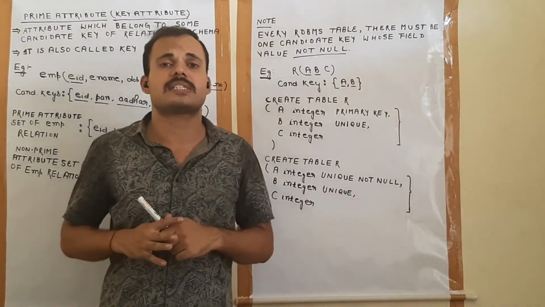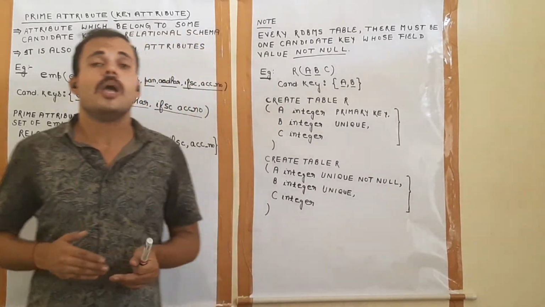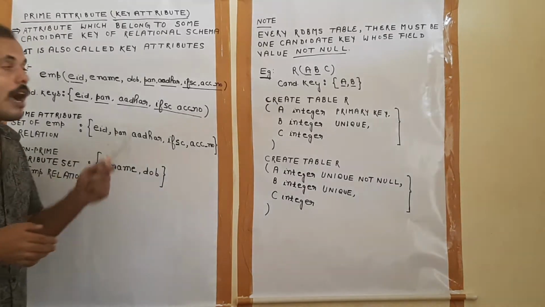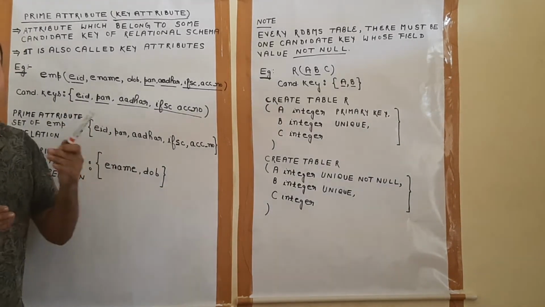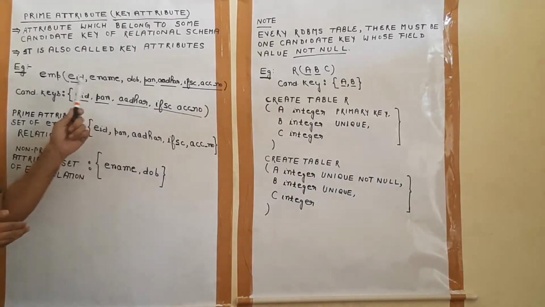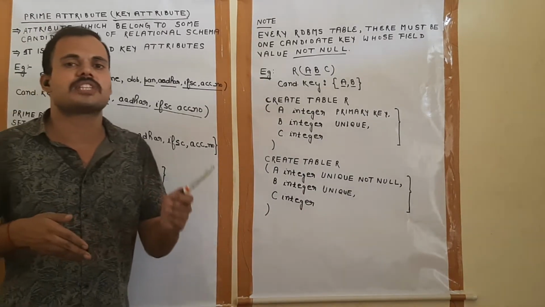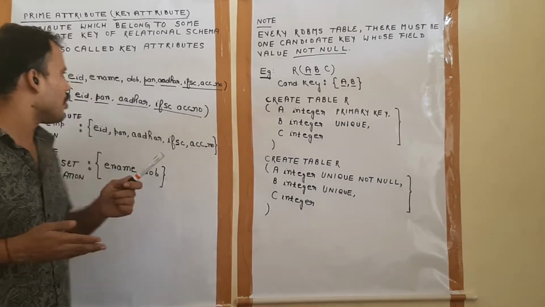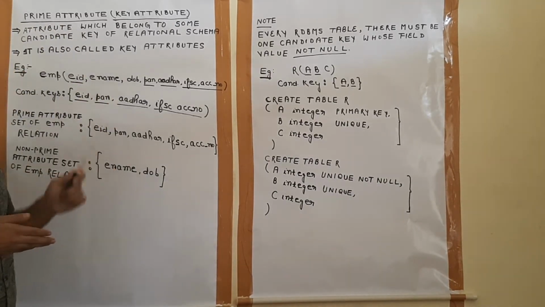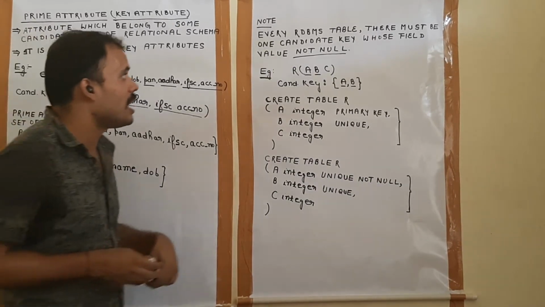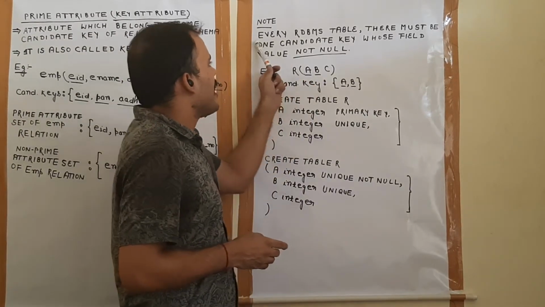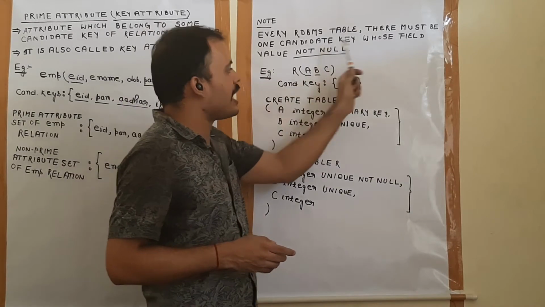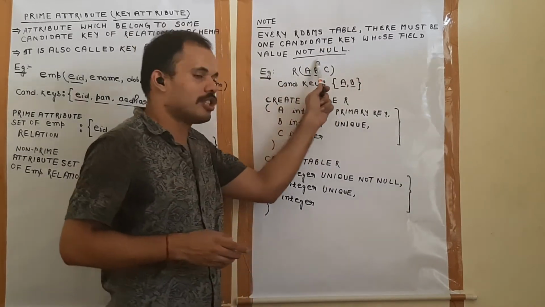These are the fields. And what is a field value? It means the value of these fields. The value of EID is E1, E2, E3. The value of employee name is Ram, Syam, Gyan, etc. So in every DBMS table, there must be one candidate key whose field value is not null.